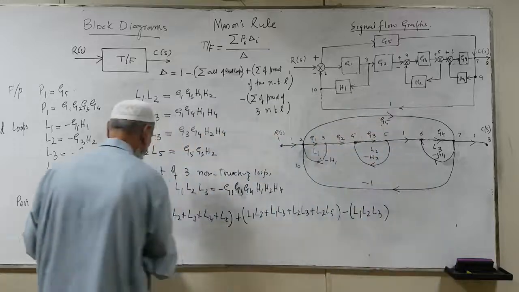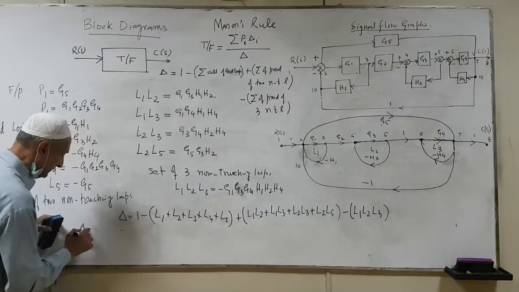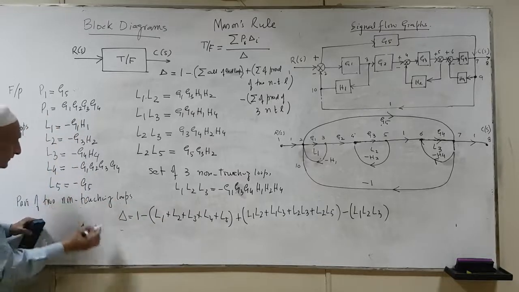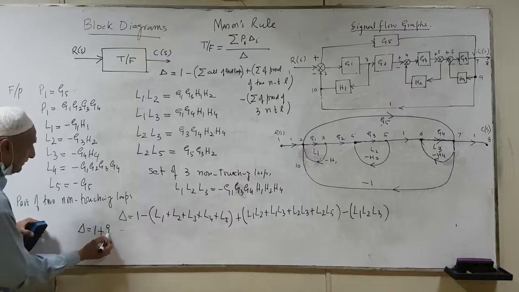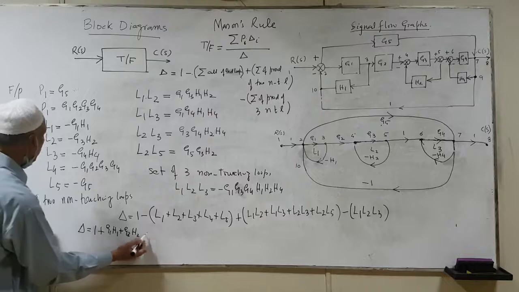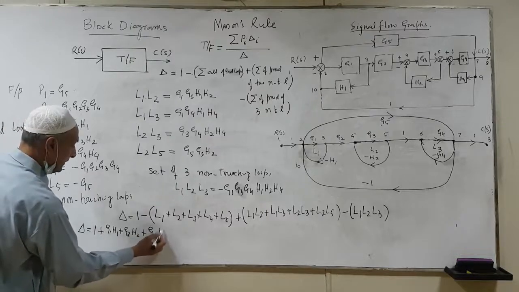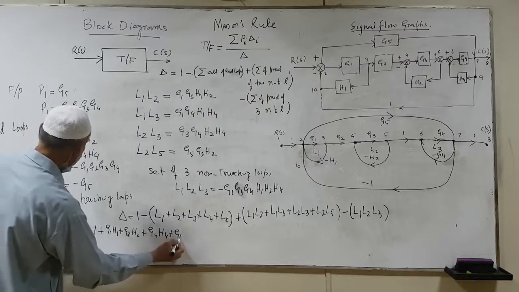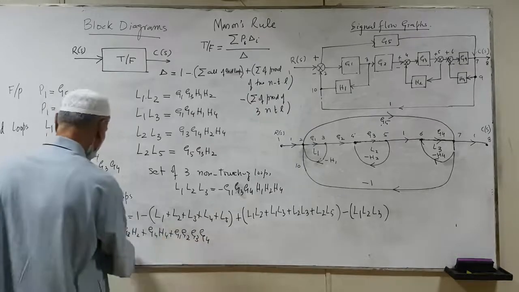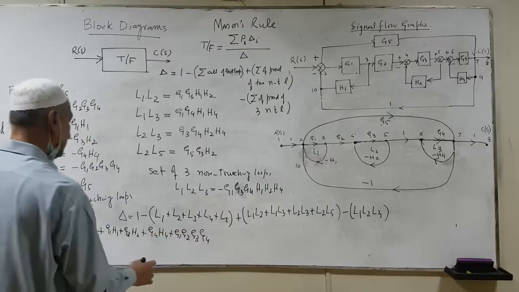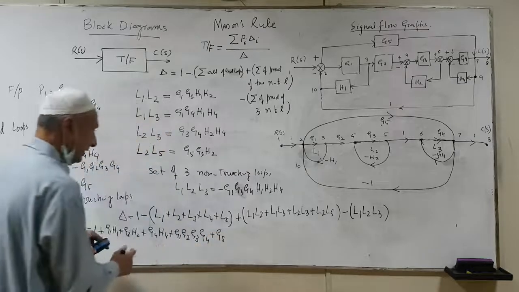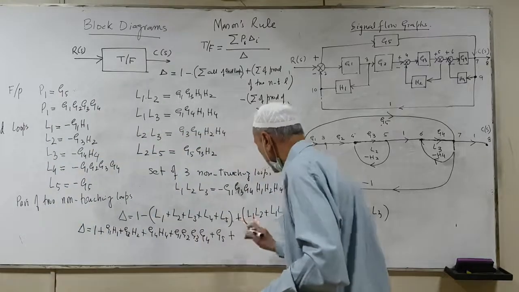Now we put the values over there. So we have delta equal to 1. We take the negative sign outside because each of these terms has a negative sign, so it becomes plus: G1 H1 plus G3 H2 plus G4 H4 plus G1 G2 G3 G4, 1 2 3 4, there is another which is 5, plus G5. Then we have plus these parts.